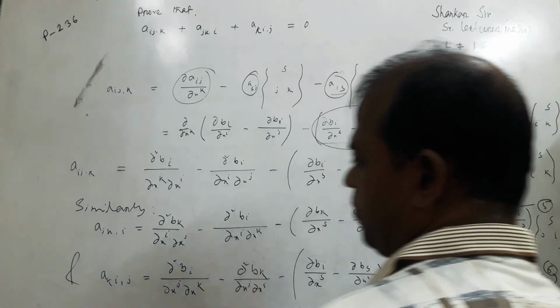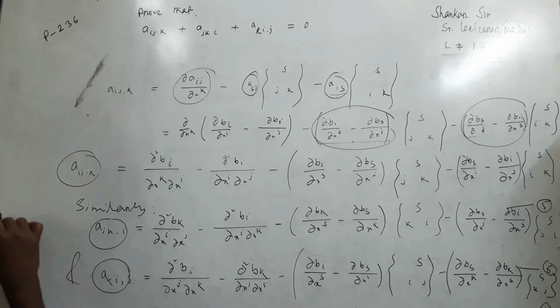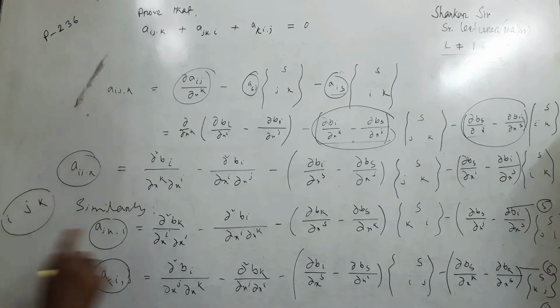7th formula. Okay, firstly thinking these rules just for i, j and k. It is changing this formula.